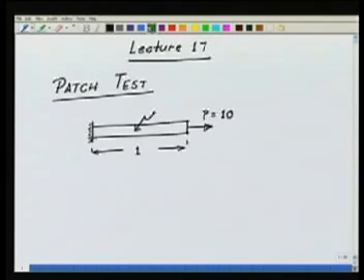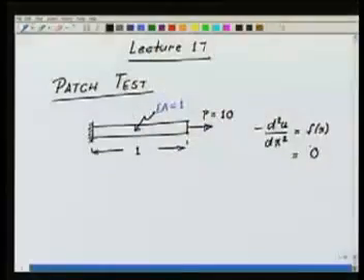Let EA be equal to 1, and currently I am applying no distributed forces. In this case I know my differential equation, corresponding to the deformation of the bar, is going to be minus d squared u by dx squared is equal to f of x in the interval 0 to 1. Now f of x for us is 0.